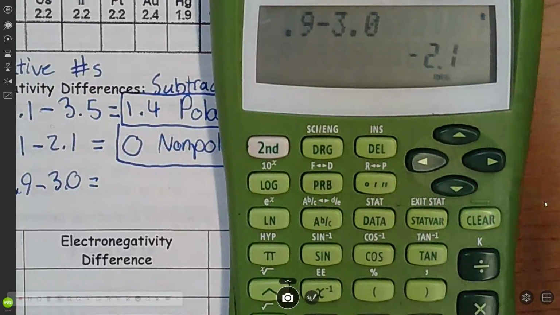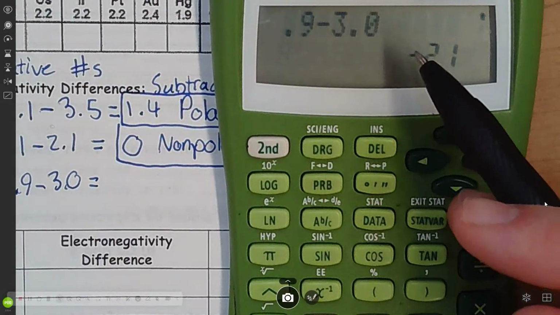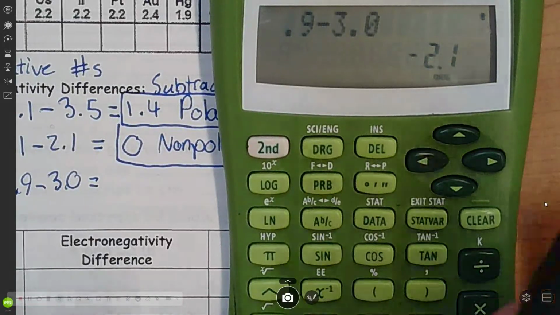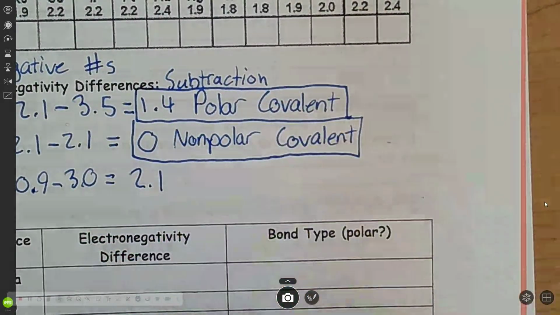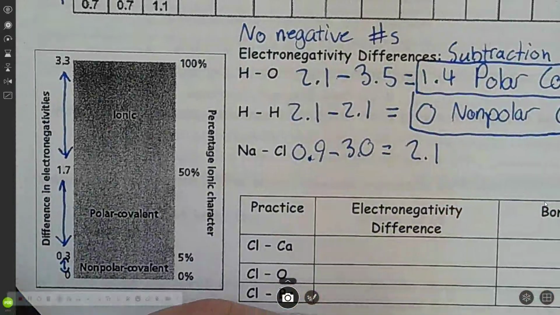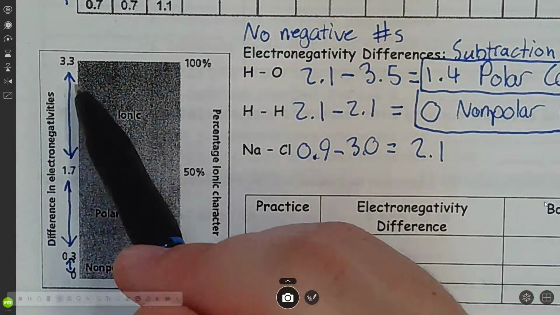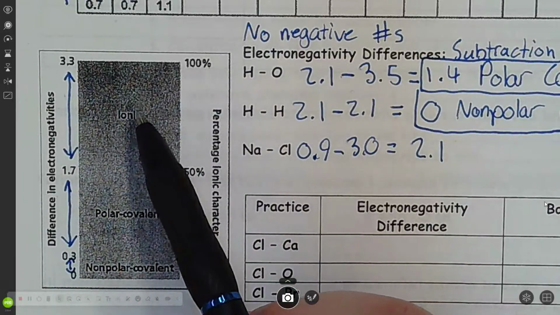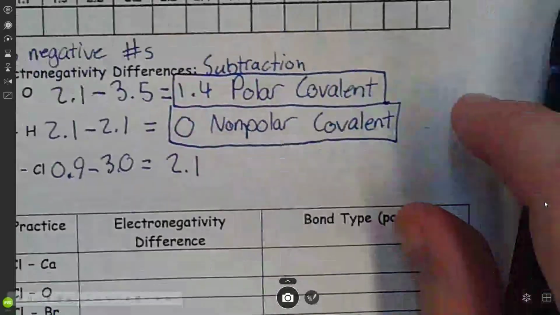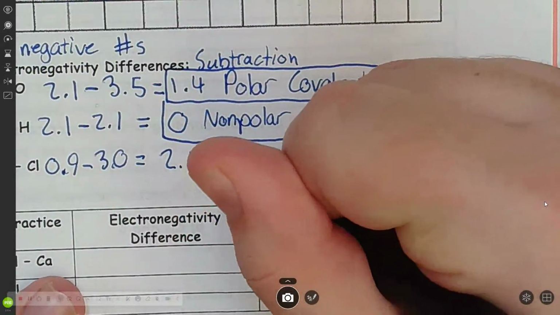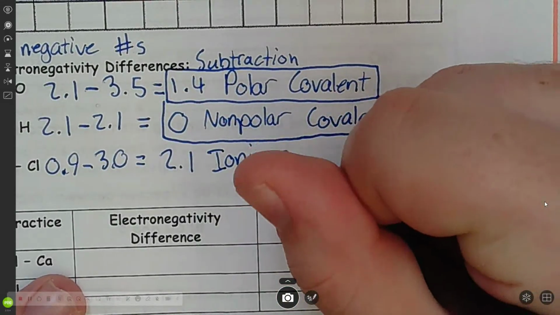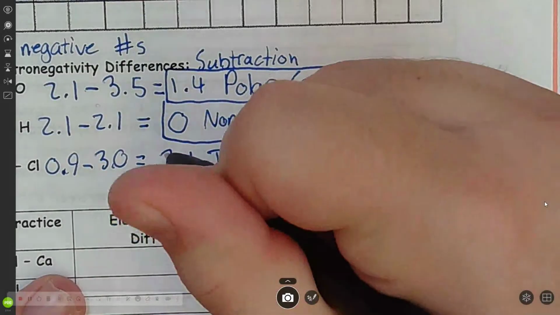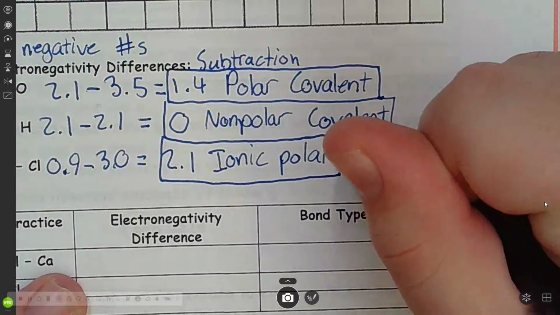When I plug that in, I'm getting a negative 2.1, but once again, ignore the negative. So it's just a 2.1 for our difference. And if I look at my chart, 2.1 is actually going to fit in that top section. So I know that this is an ionic bond. And remember, all ionic bonds are polar. We'll box that as our answer.